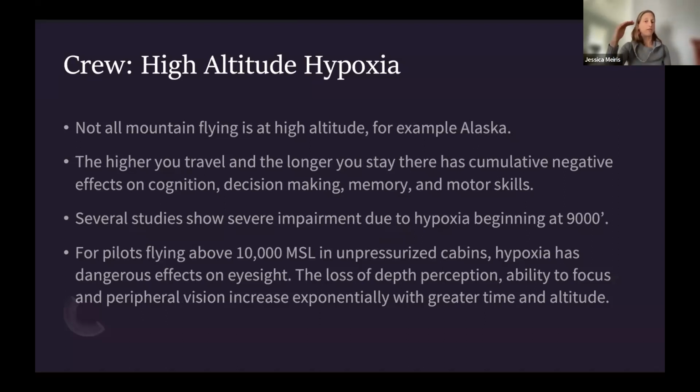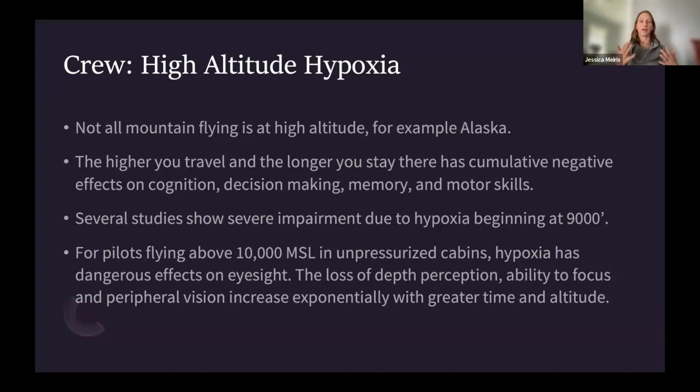So the higher you travel and the longer you stay there, your exposure has a cumulative negative effect on your decision-making, your cognition, your memory and motor skills. A few studies have shown some pretty severe impairment with hypoxia at about 9,000 feet and higher.